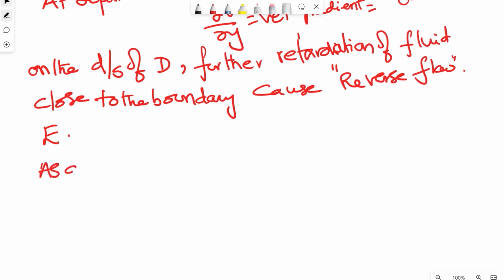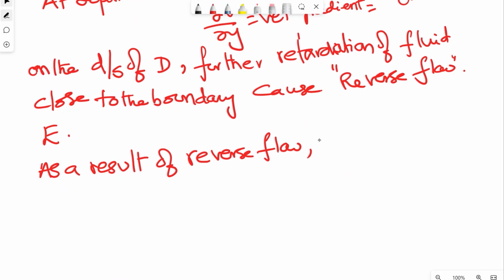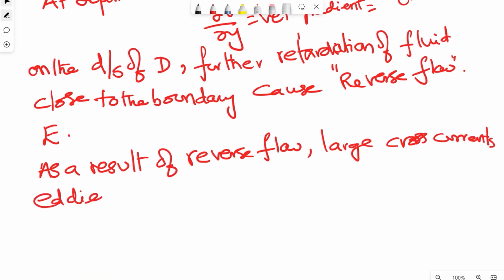As a result of reverse flow, what is the problem? Large cross currents, which are also called eddies, are formed. Eddies are nothing but losses actually.